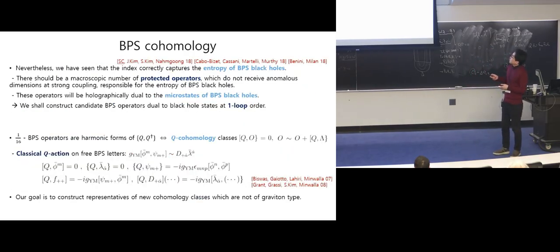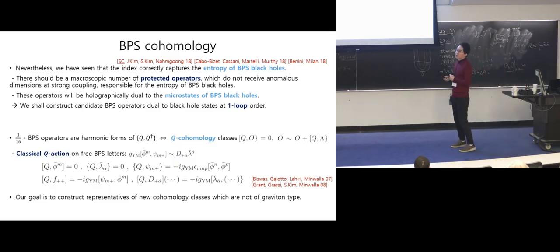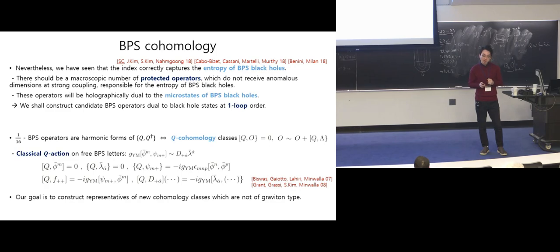So we shall construct candidate BPS operators dual to black hole states at one loop order, hoping that maybe they will persist to exist at higher loop. Fortunately, our candidate one loop BPS operators are shown to really exist at arbitrary higher loop order. I will explain later.